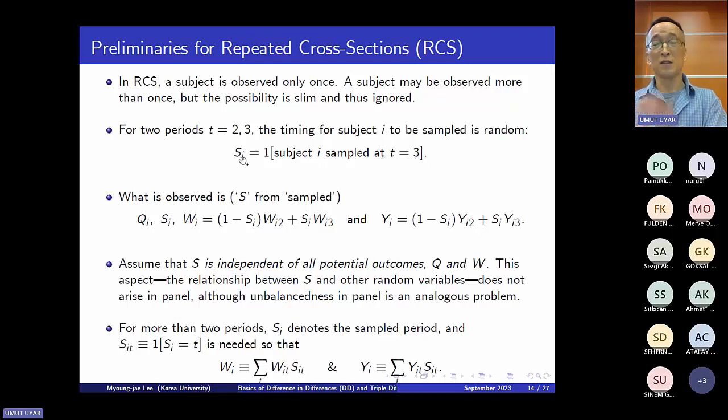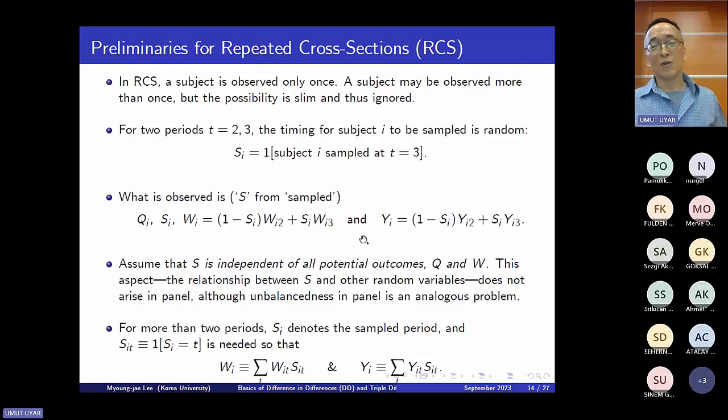If this is 0, the person will appear at the second year. What is observed is Q and this sampling indicator. The covariate will be either W2 or W3, depending on whether you are sampled in the second period or third period. Also, Y is either Y2 or Y3, depending on the sampled period.